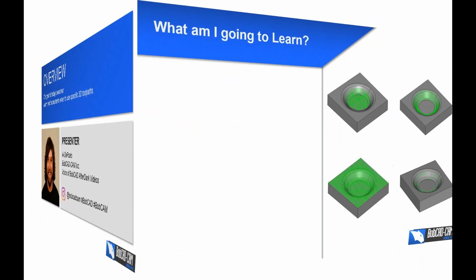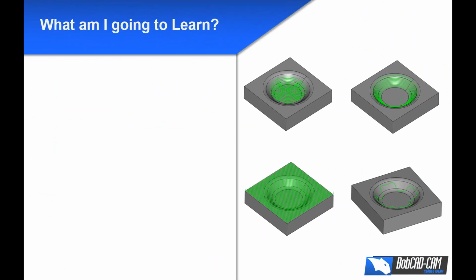All right, what are we going to learn about today? Today we're talking about 3D programming. This is a boot camp, and the idea is to cover a lot of the common questions and topics about what each toolpath is used for, and what the best scenarios or conditions are to utilize those toolpaths.